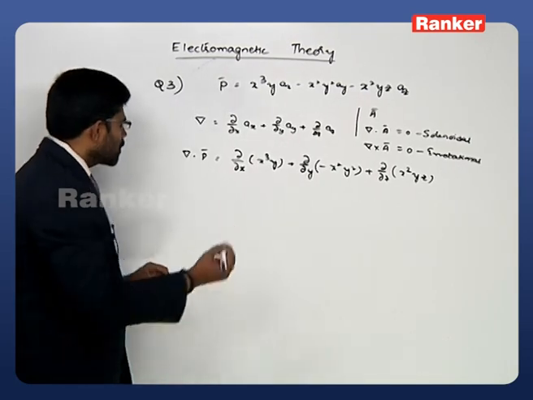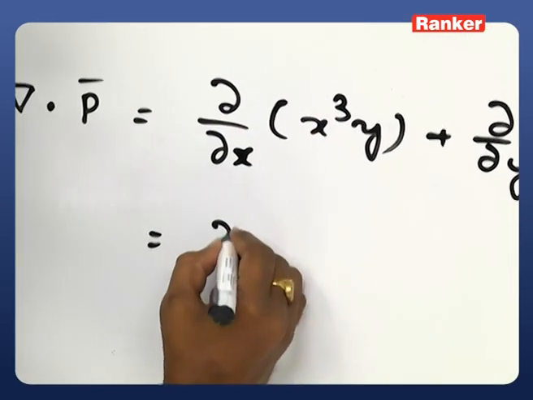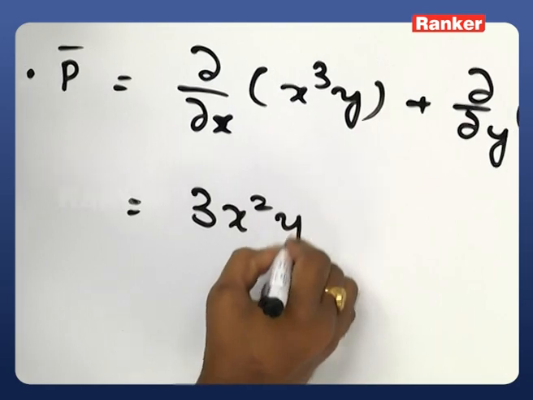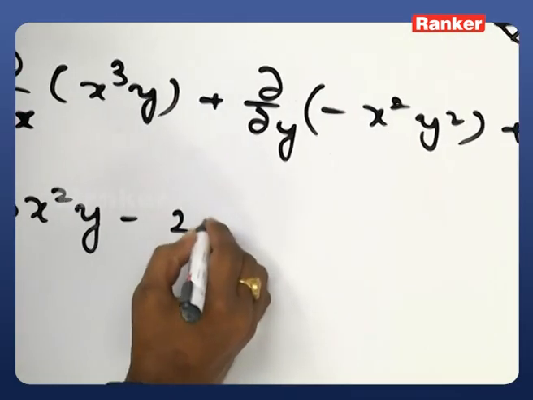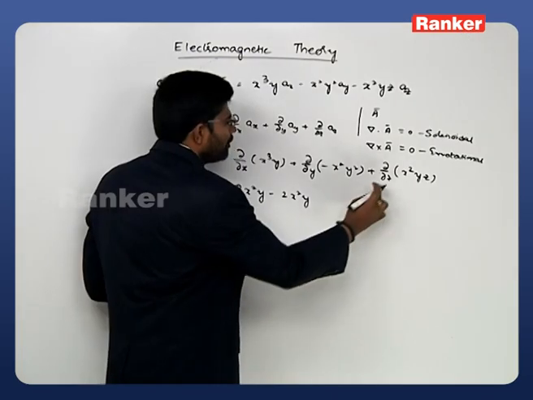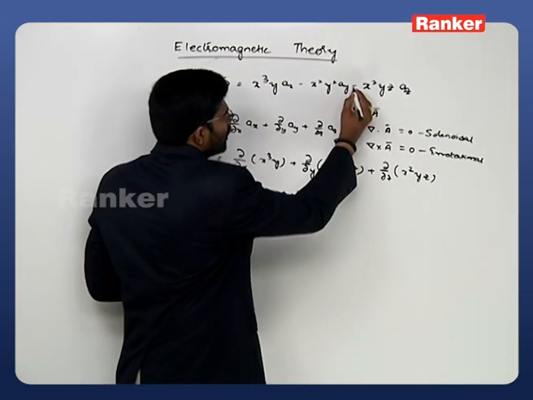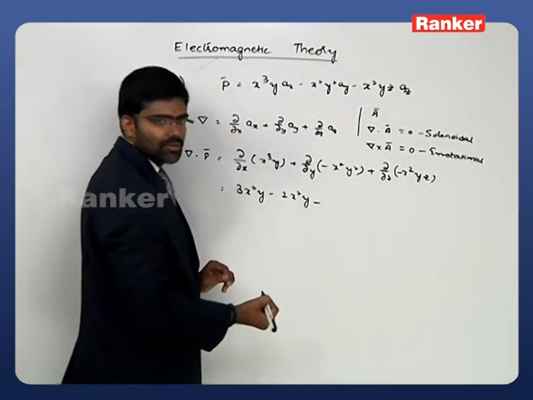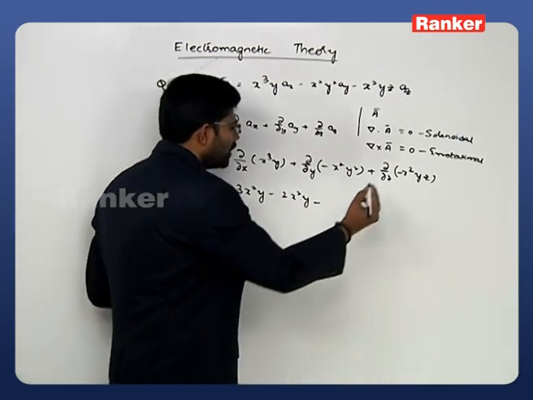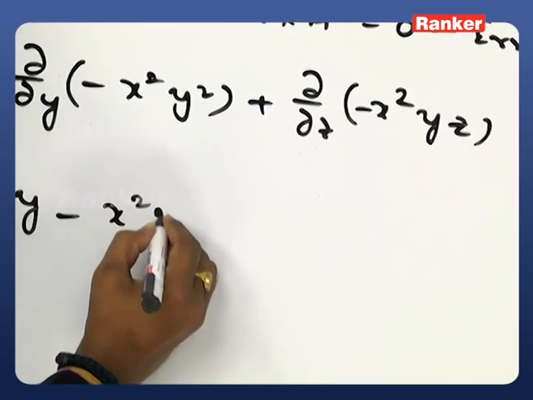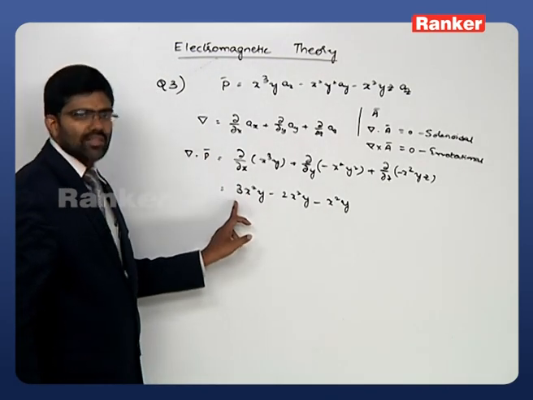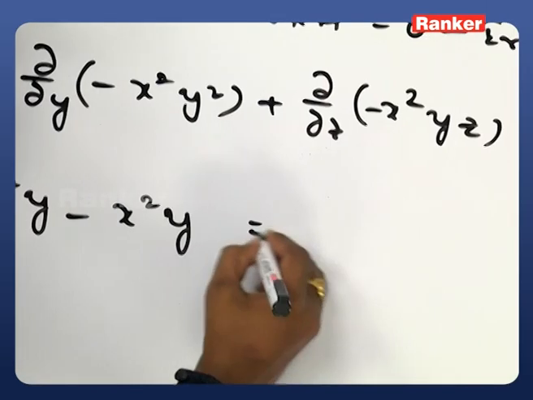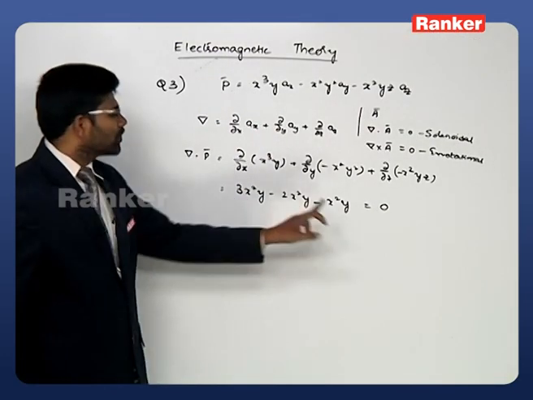Since the differentiation is very easy for us, write this as 3x square y minus 2x square y minus x square yz. So minus 2 minus 1 is minus 3, plus 3, 0. So directly we got del dot P bar is equal to 0.